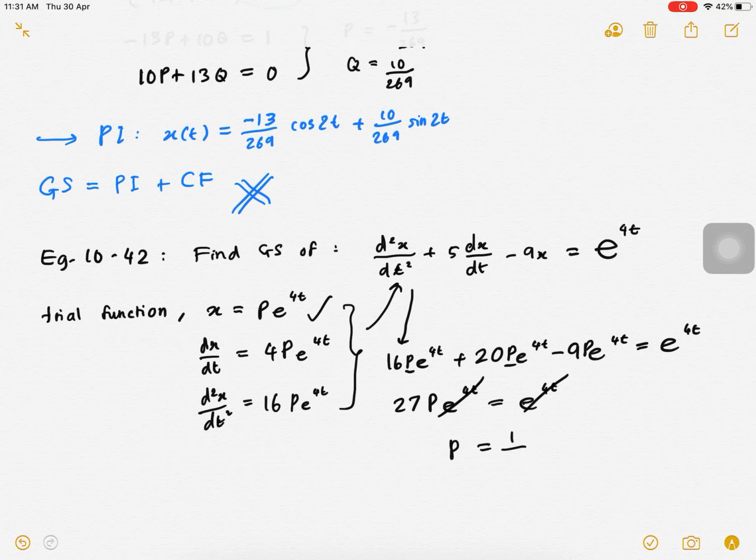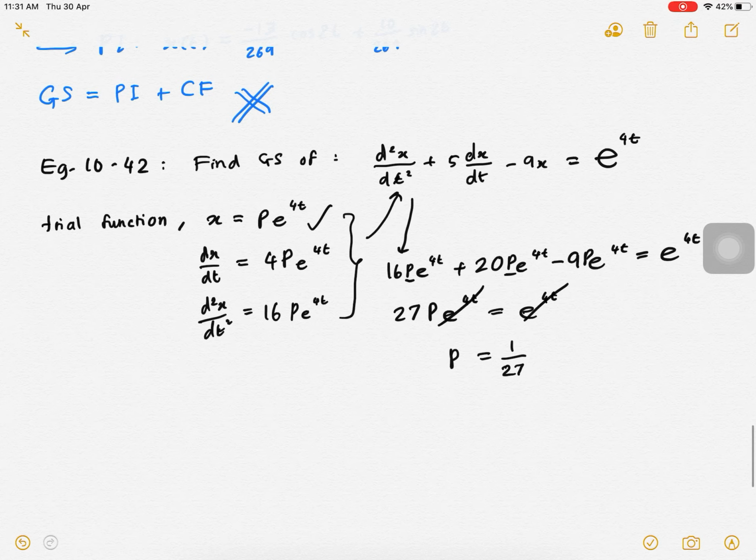So we can cancel that out, and P is equal to 1/27.